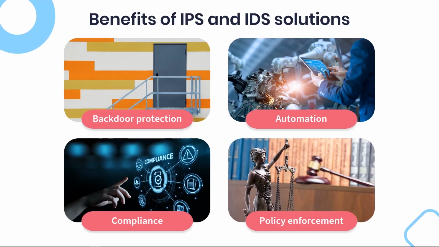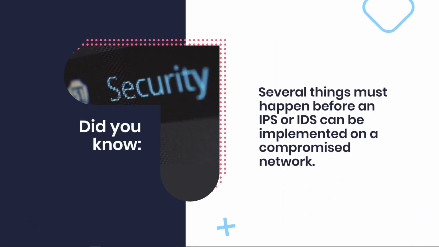For example, if you support only one VPN, you can use the IPS to block other VPN traffic. Did you know that several things must happen before an IPS or IDS can be implemented on a compromised network? For example, a security audit must be carried out, assessing the damage, repairs needed, and new countermeasures installed.